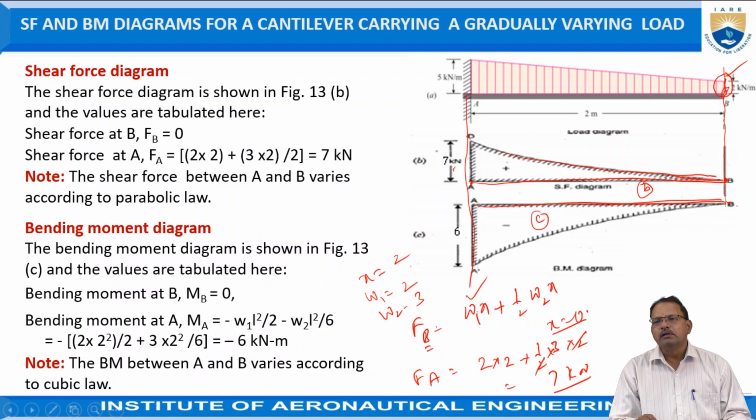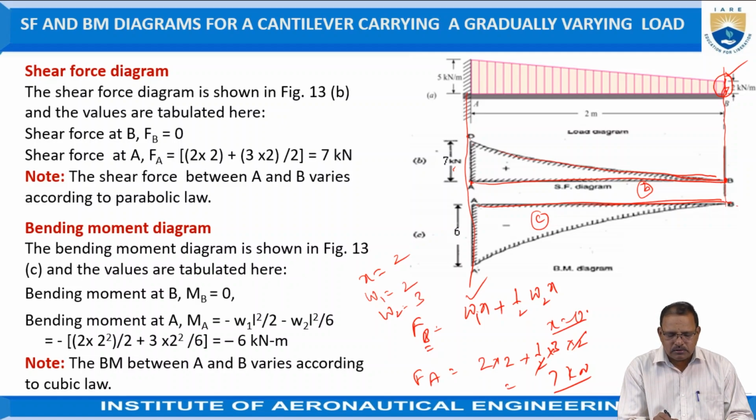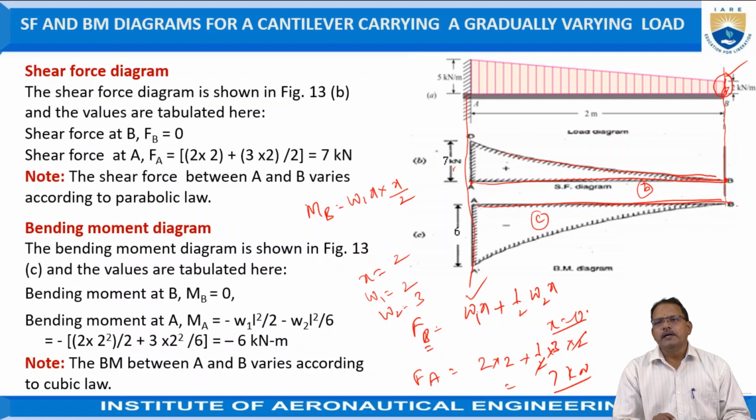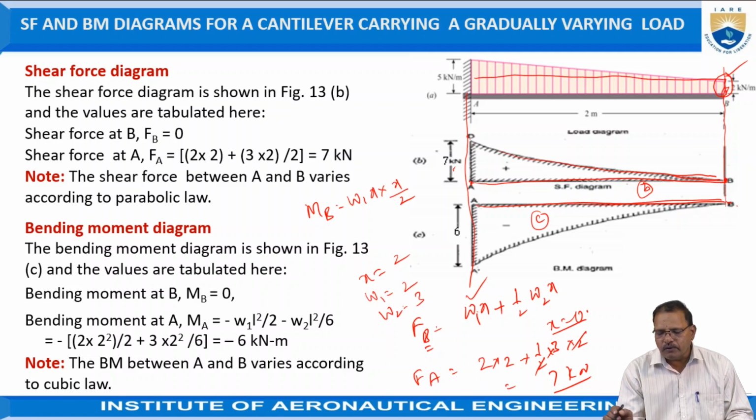The bending moment at A: for the uniformly distributed load, the bending moment MB is equal to the total load, that is W1 X, but it is acting at the center, so we take it divided by 2. Again, we have taken the combination of uniformly distributed load as well as the gradually varying load.